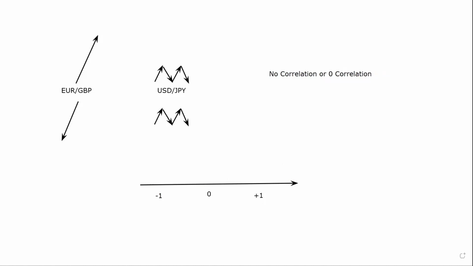When the correlation between two assets is at this point, between 0 and -1 or at -1, we call it negative correlation. If the correlation index is at 0, we call it no correlation, or zero correlation.